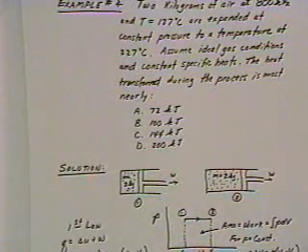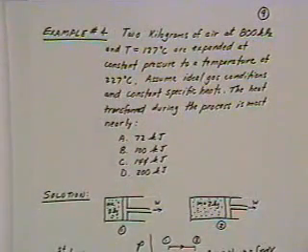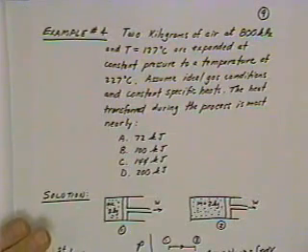Okay, let's look at another example of a closed system problem. This one involves a piston cylinder arrangement, where you've got 2 kilograms of air contained at 800 kilopascals and a temperature of 127 degrees C. We're expanding at constant pressure to a temperature of 227 degrees C. I'm making calculations easy, because when we add 273 to those temperatures, they come out in nice round numbers, and it's much easier to work with nice round numbers.